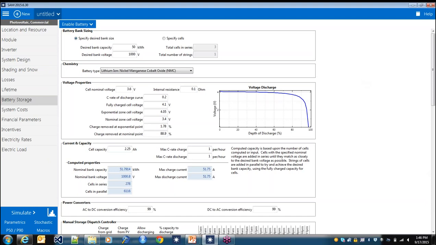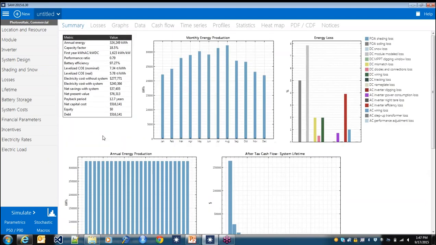And one interesting thing about using the payback period for evaluating batteries is it's kind of a complicated metric to use, especially as batteries become replaced. And so the payback period metric here can be somewhat misleading.